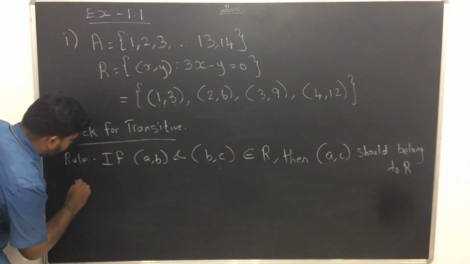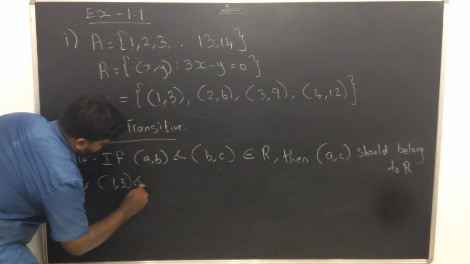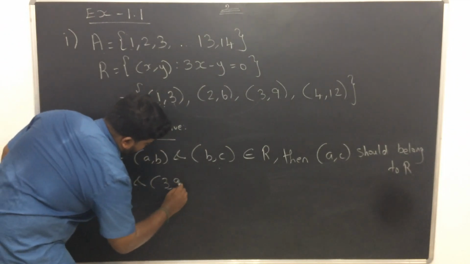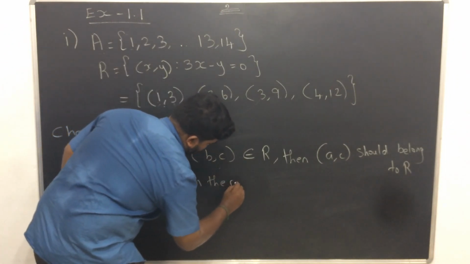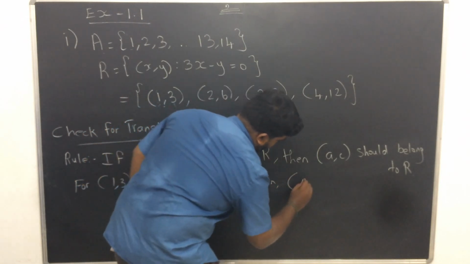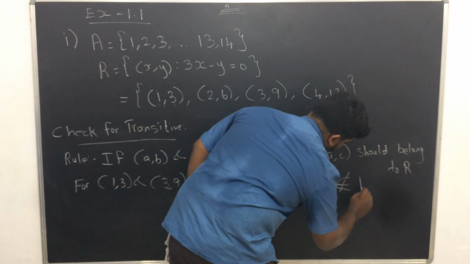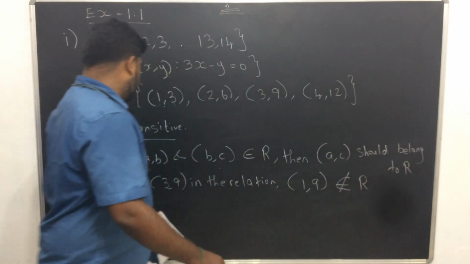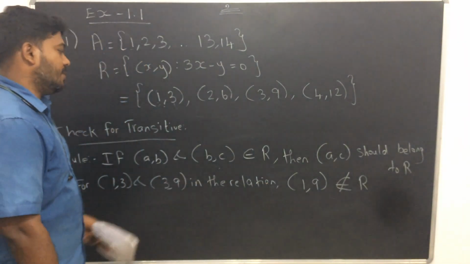So how do we write? For (1, 3) and (3, 9) in the relation, (1, 9) is not present in the relation.